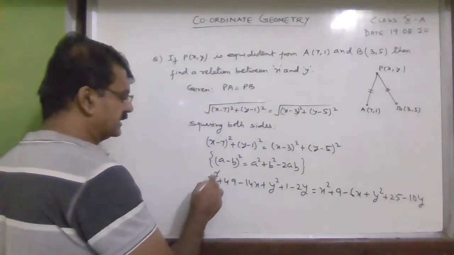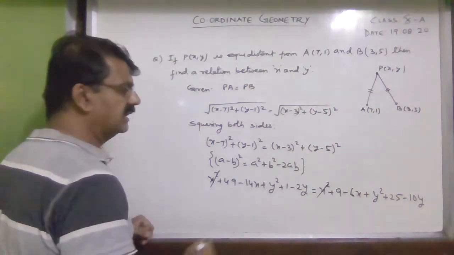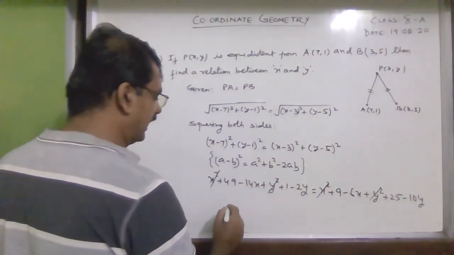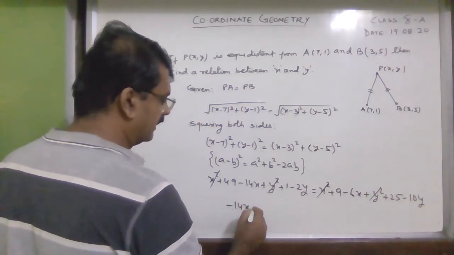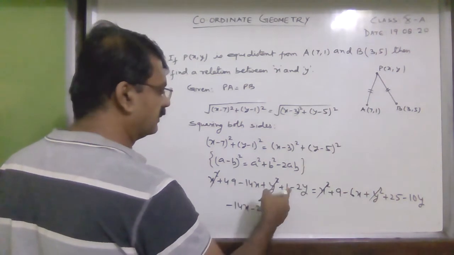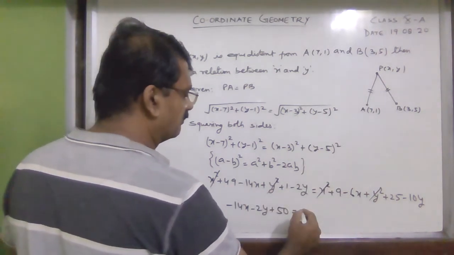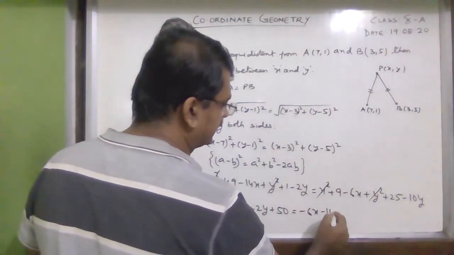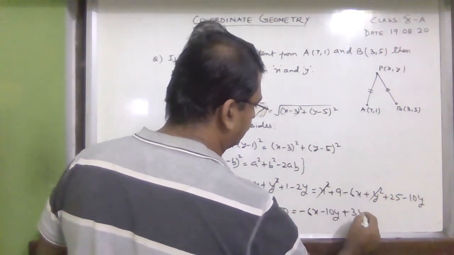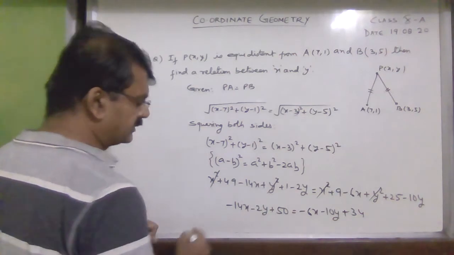Now you see this x square cancels and y square cancels. So here we have minus 14x minus 2y plus 50, 49 plus 1, equal to minus 6x minus 10y plus 34, 25 plus 9. Now you bring minus 6x to this side.